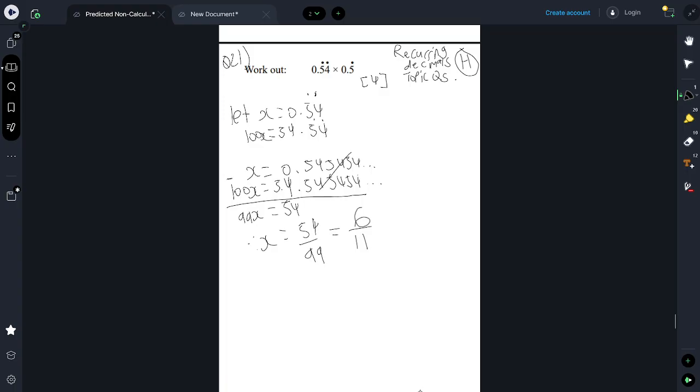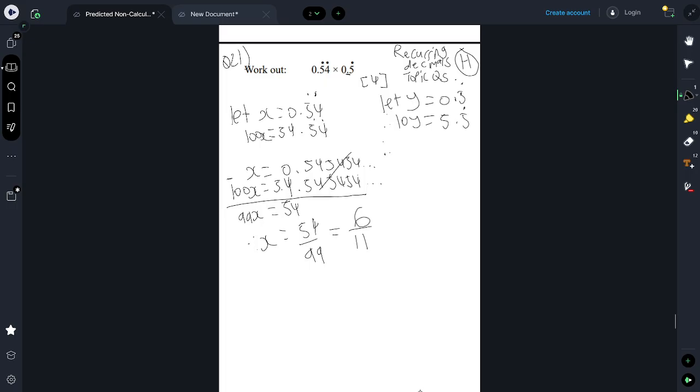Now let's convert the second one into a fraction. Let y be 0.5 recurring. We only need one decimal place, so we only need to times by 10, not 100. 10y is going to be 5.5 recurring.